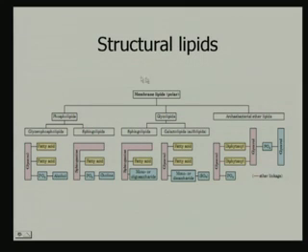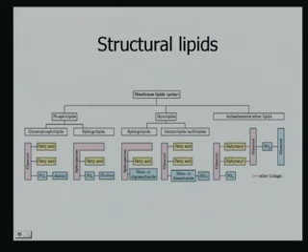Now, coming to the structural lipid, the name itself is telling that it is giving structural support or strength to the membrane or the cell wall of the cell. The membrane lipid is one of the very important examples of this, where these lipids are playing a very important and significant role.